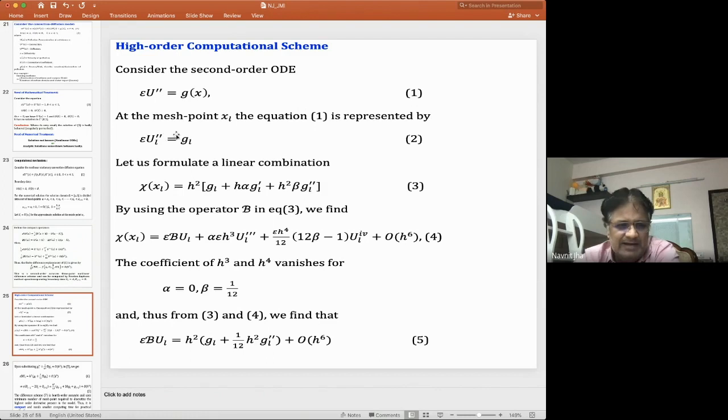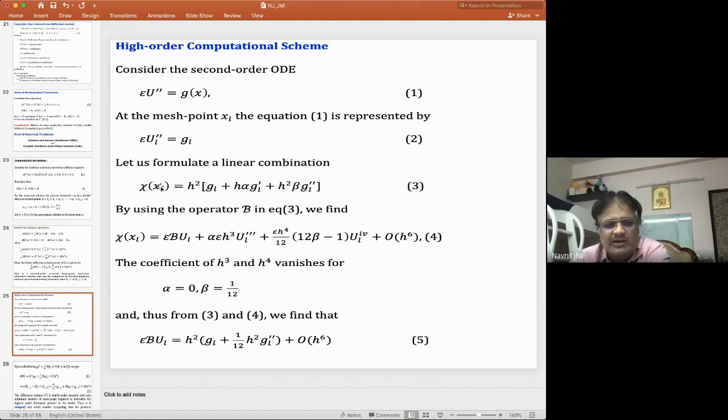Now at the point xl, this equation is written as epsilon u double prime ul equal to gl. Now I am going to formulate a linear combination. It is h square gl plus h alpha gl prime plus h square beta gl double prime. Now this I have simply denoted as chi xl.